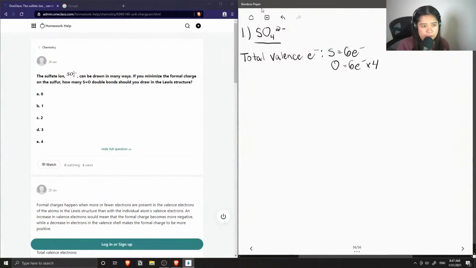And also the overall charge of this ion is -2, so we need to add an additional 2 electrons to this count. Okay, so in total we have 32 valence electrons.